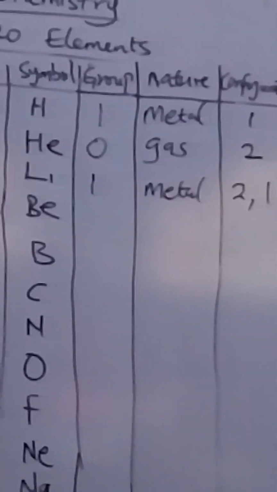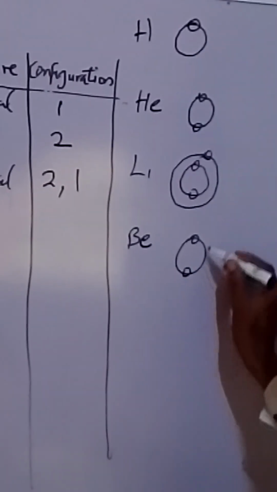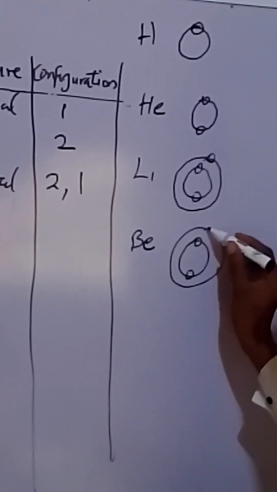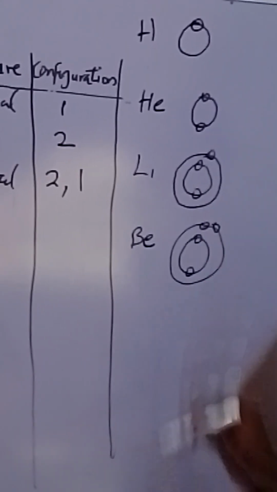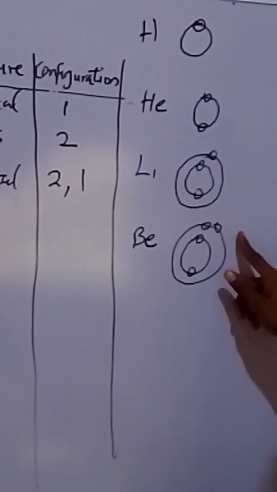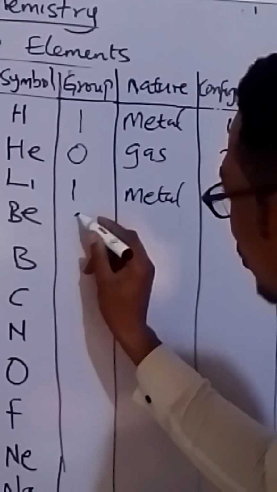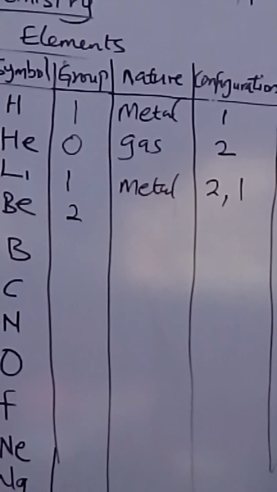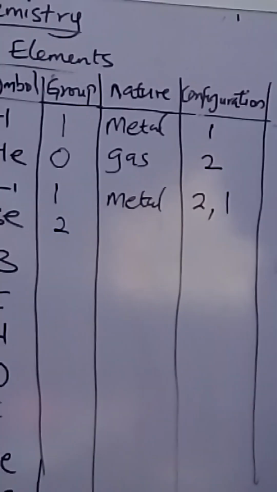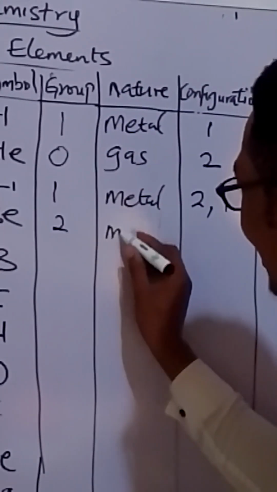and it looks like this. First shell filled up with 2. Then since it has 4, it means that the second shell has 2 at the outermost shell. And so beryllium belongs to group 2. It belongs to group 2, and since it belongs to group 2, it's a metal.